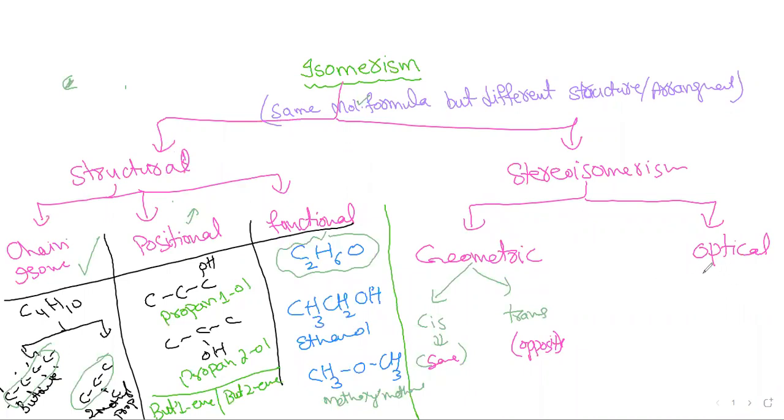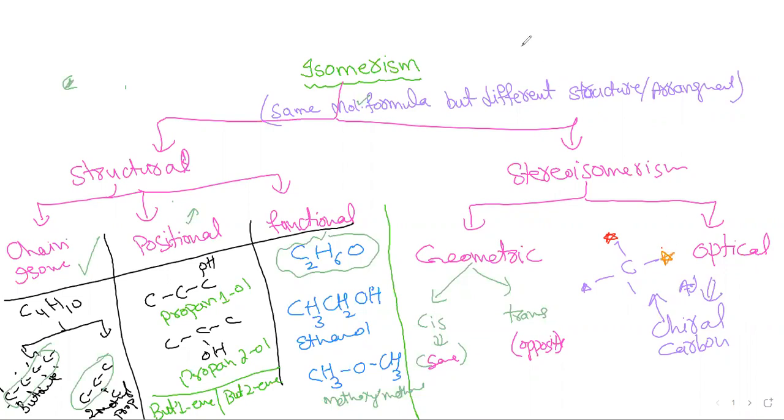So optical isomerism also exists in organic compounds. In optical isomerism, they must have a chiral carbon. That's very simple. And what is a chiral carbon? It must have 4 different groups attached to it. 4 different groups must be attached on the 4 sides.